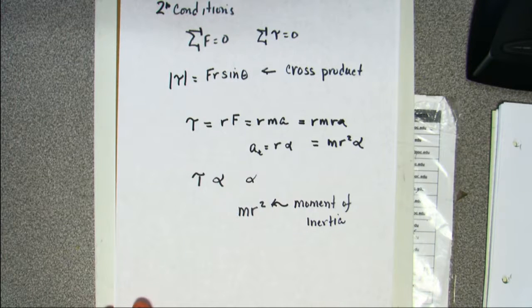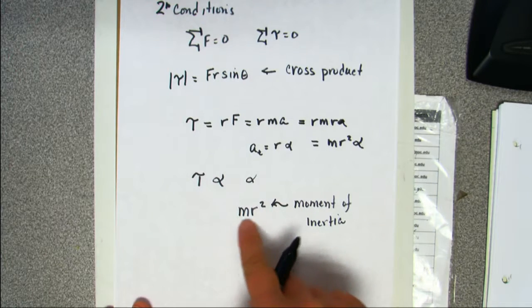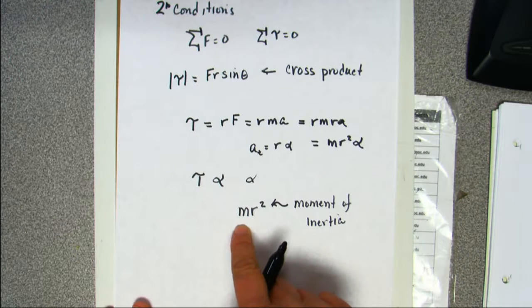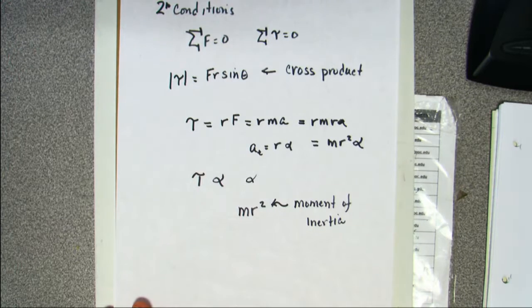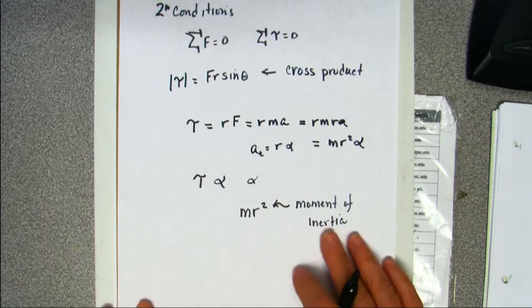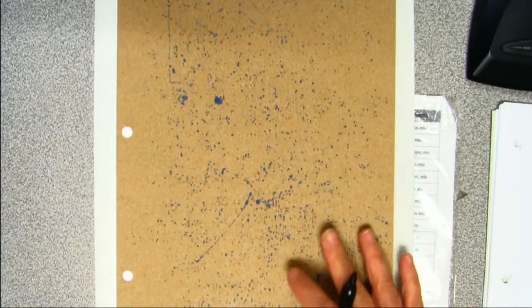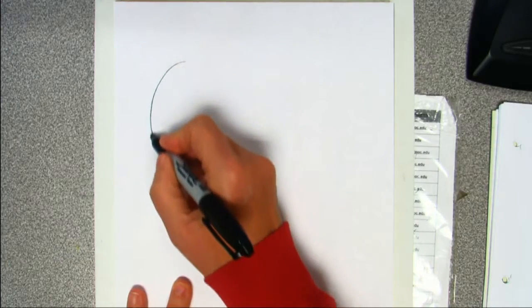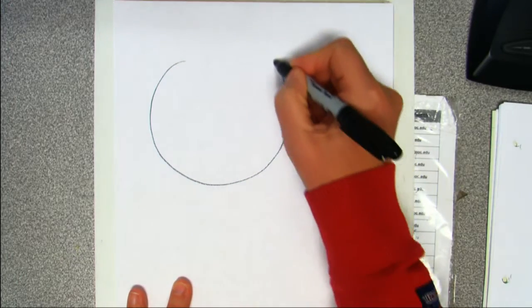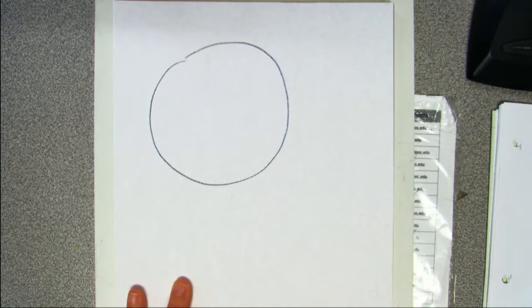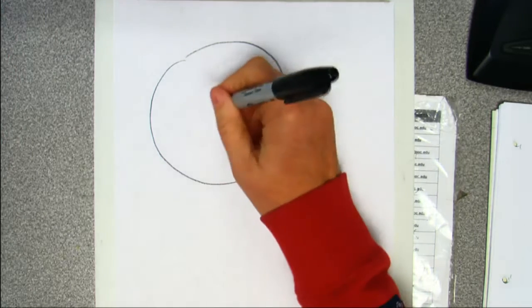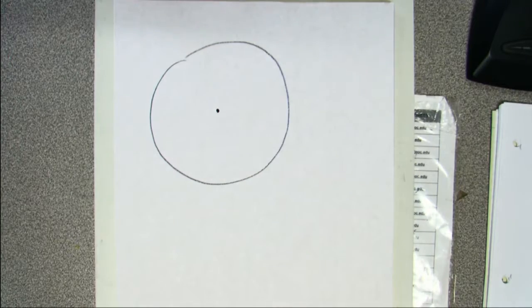And the total moment of inertia is going to be the sum of all of these individual point masses at that distance squared. So let's take a disk here. We even talked about this on Wednesday, that if I'm rotating this disk about a center point, I'm going to get one thing.